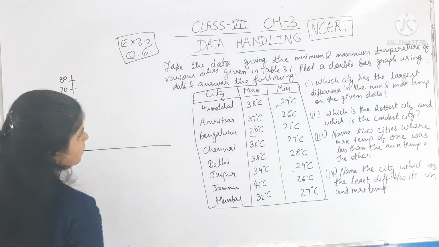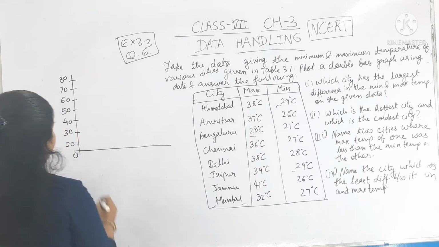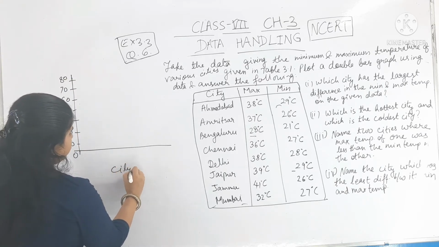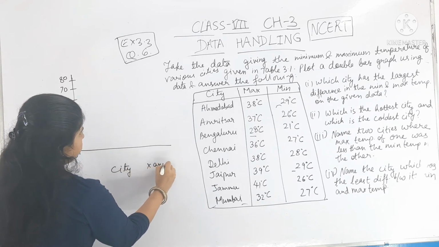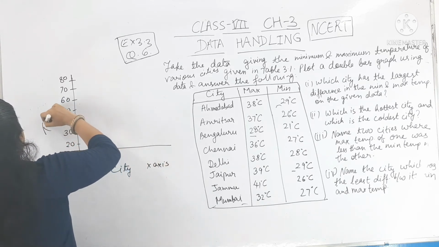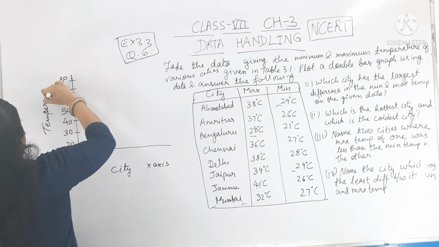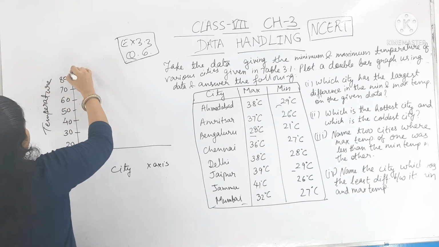The x axis is city and the y axis is temperature. We have to plot a double graph here.